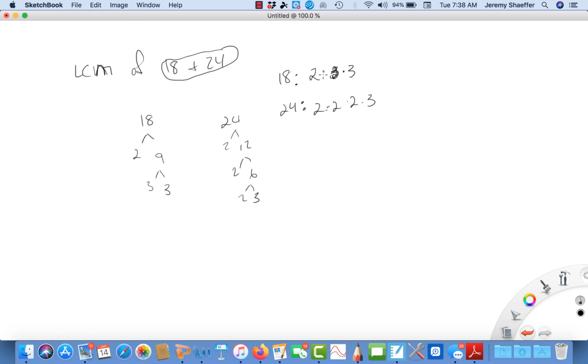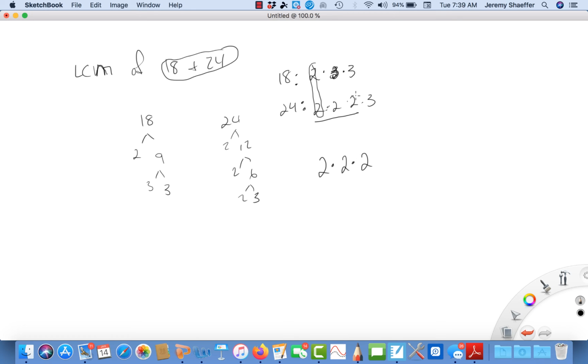Okay, so let's circle however many 2s and 3s we have. Think about it this way. 24 has three 2s, so we're going to take all of those: 2 times 2 times 2.